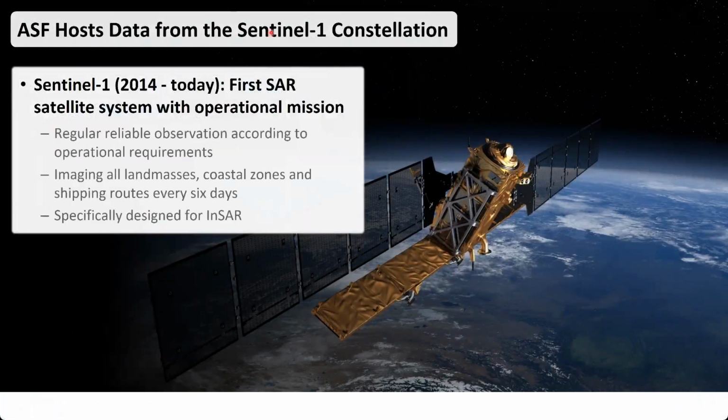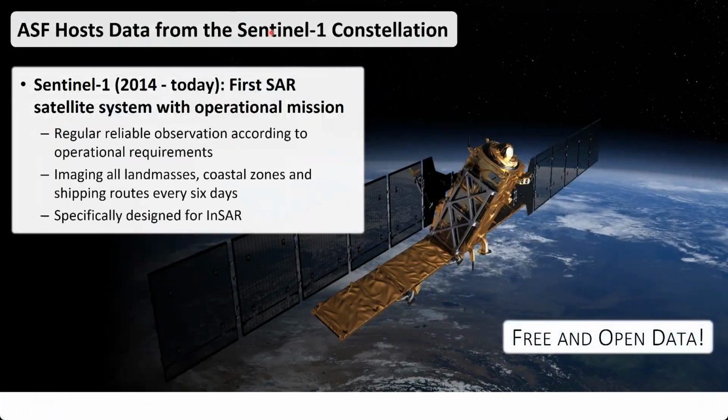So one of these missions that we support is Sentinel-1. As mentioned, Sentinel-1 has been available since 2014. Heidi Kristenson will talk a little bit more about the specifics of this mission. For me, the main key milestones here is, as mentioned before, the datasets are free and open. This mission was particularly designed for interferometric SAR, which some of you may be using, so it allows users to monitor surface displacements on a global scale. And it images all land masses, coastal zones, and shipping routes every 6 to 12 days.